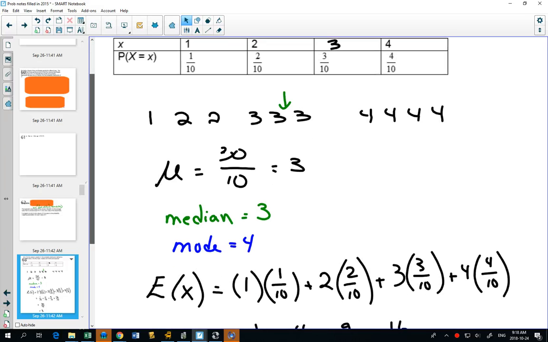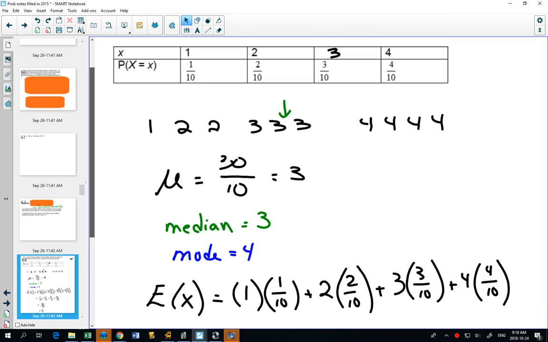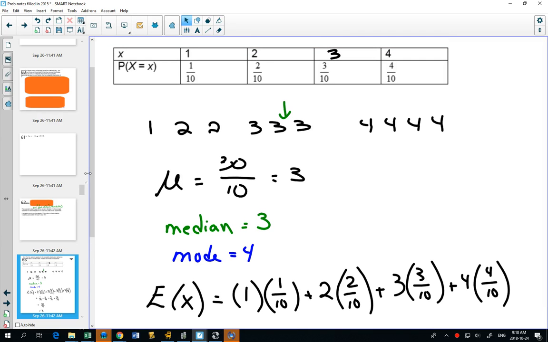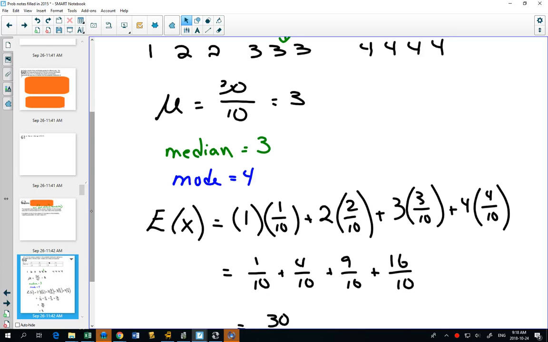When we do it as an expectation formula, we have the 1 happens 1/10 of the time, the 2 happens 2/10 of the time, 3 happens 3/10, and 4 happens 4/10. And you can see that your numerators are adding up to the 30 just like before, but you already had the total built in.